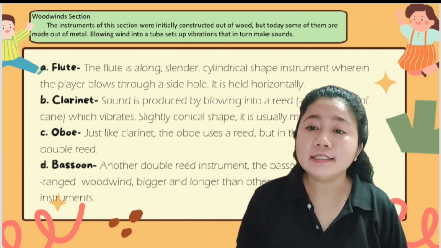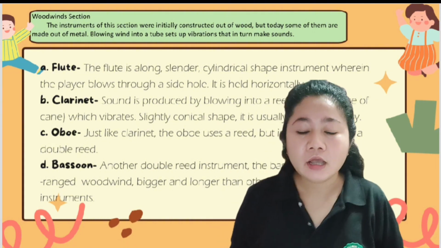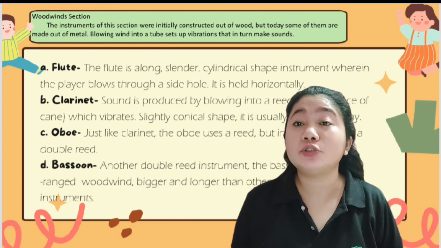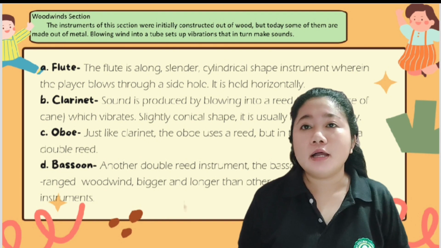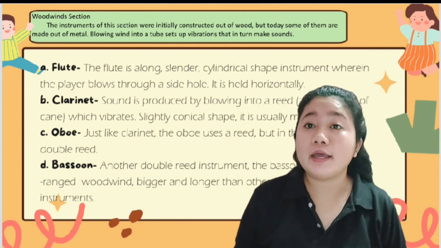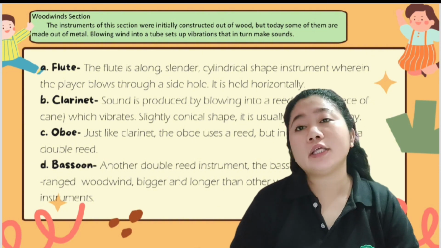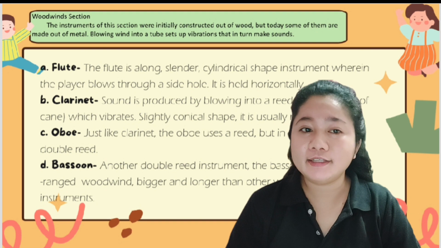But today, some of them are made of metal. Blowing wind into a tube sets up vibration that in turn makes it sound. So, before, ang mga woodwind instrument is made of wood. But eventually, through technology, meron na tayong mga made of metal na mga instrument.